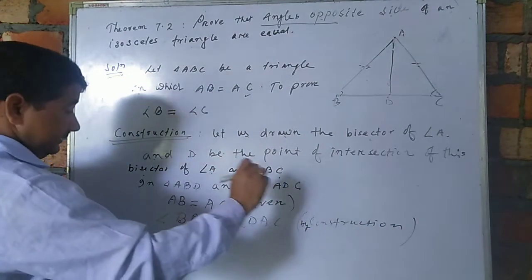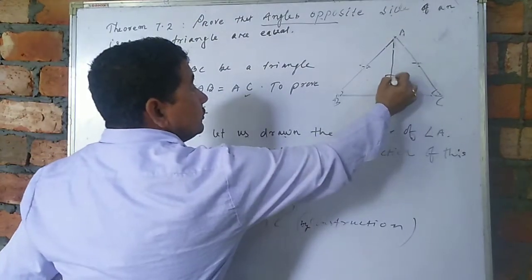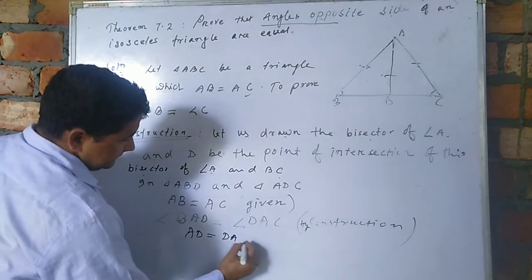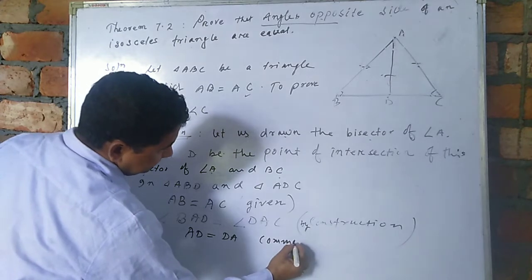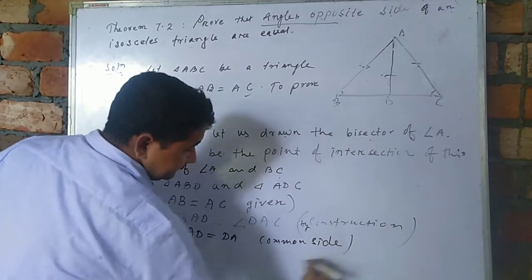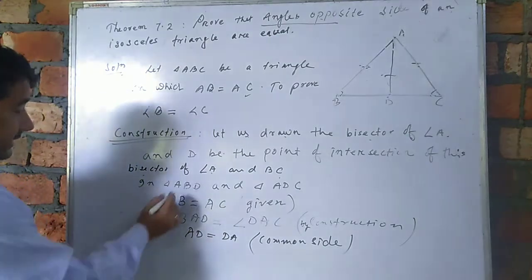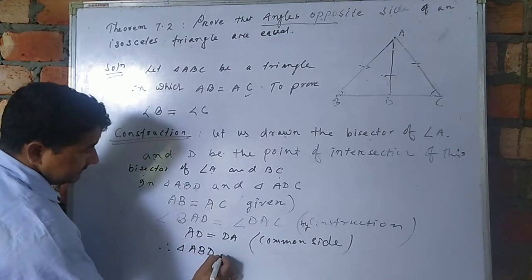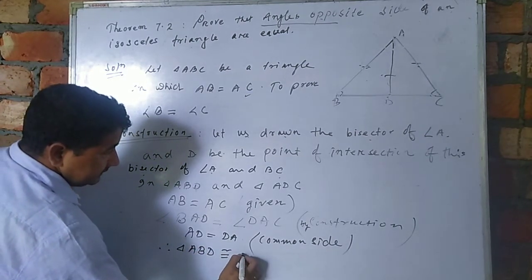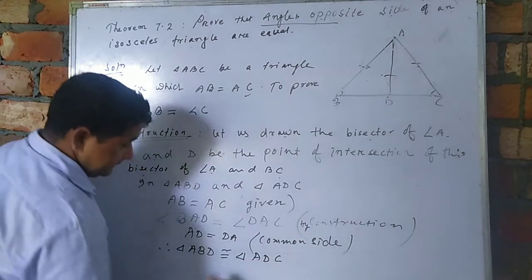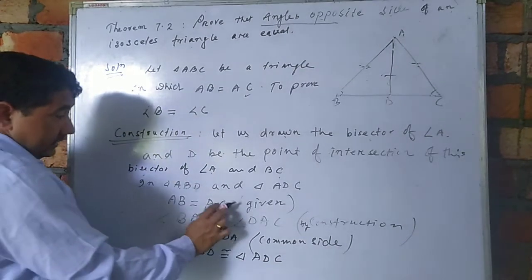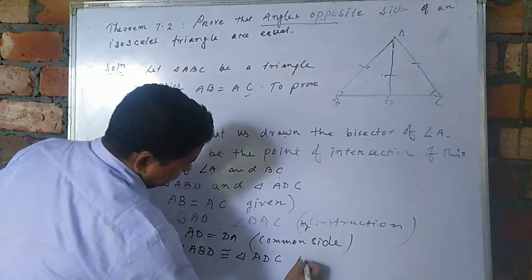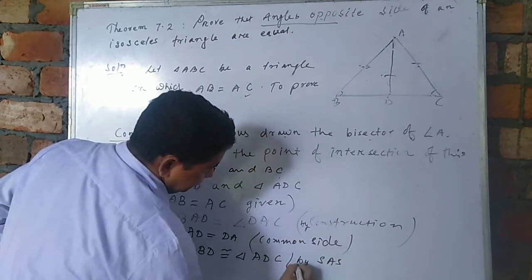Now here AD is the common side of both triangles. So we can write AD is equal to DA, common side. Therefore triangle ABD is congruent to triangle ADC by the side angle side rule.